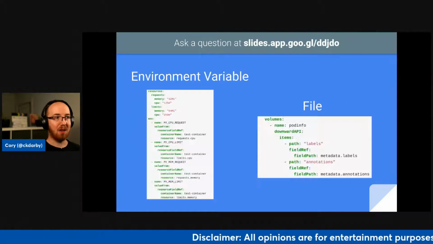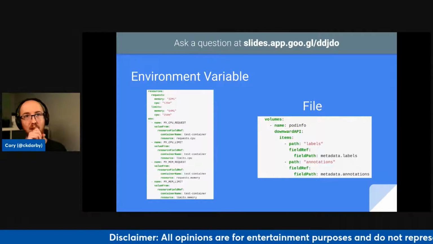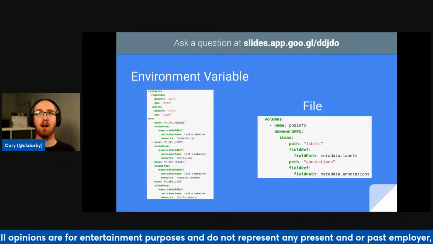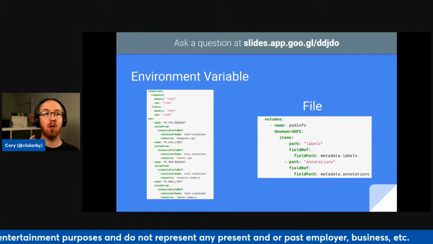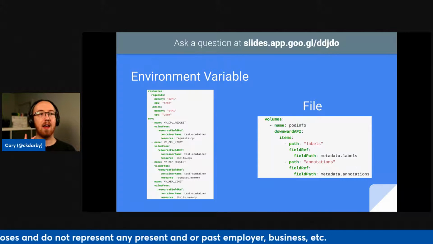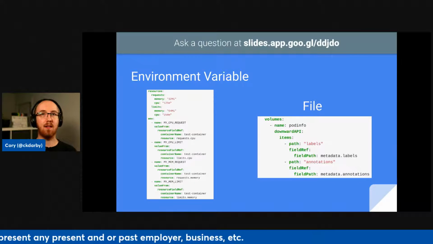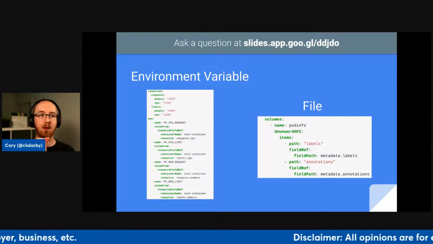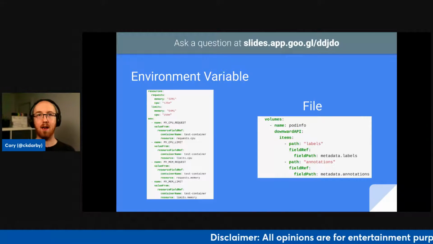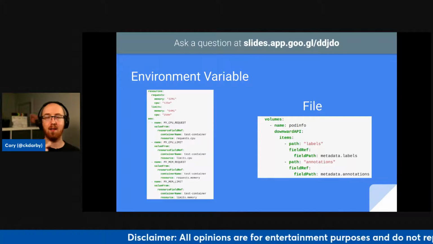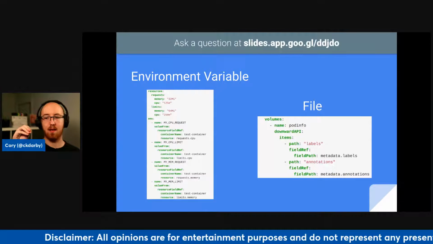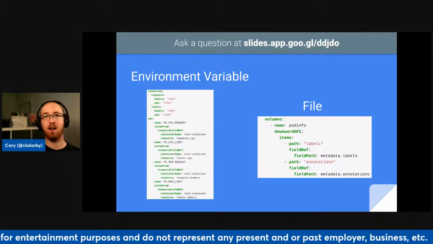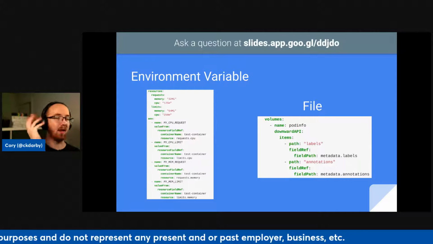So how would we get that stuff? We have two options. We can have it injected into our container via environment variables or by files. The nice thing, and what most people aren't familiar with, is the file way, because you have to call something called the downward API in Kubernetes, which is basically you tell Kubernetes, I want you to run an API, and you're going to get these values, and then you're going to provide it in these settings.